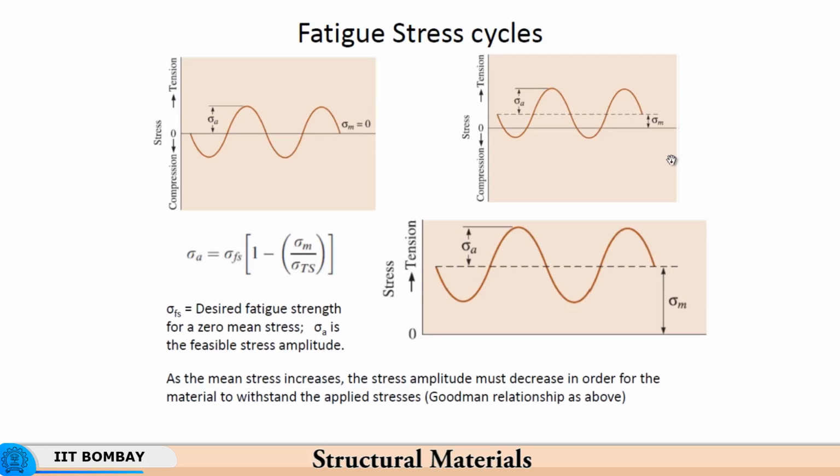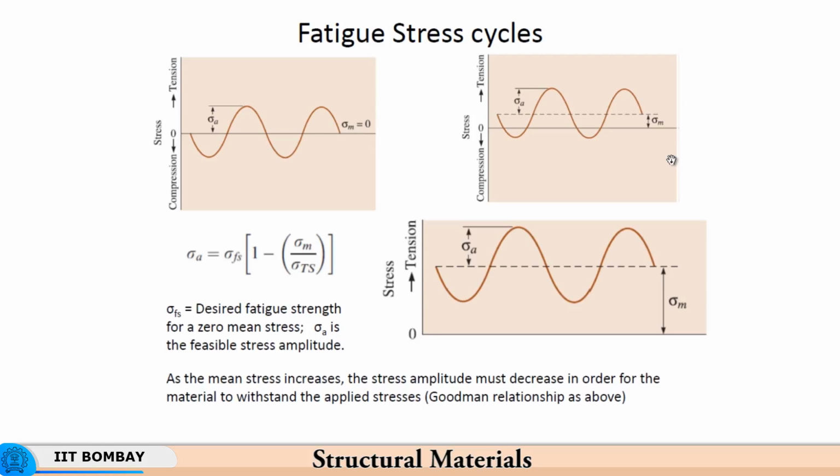Sigma A is the sigma amplitude and sigma Fs is the desired fatigue strength. And so, if sigma m is essentially equal to 0, then your sigma amplitude can be very close to sigma Fs.